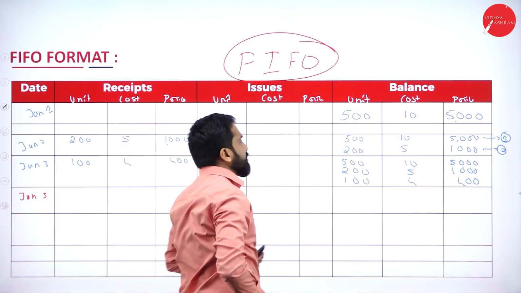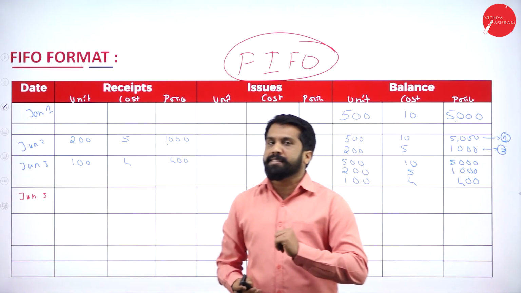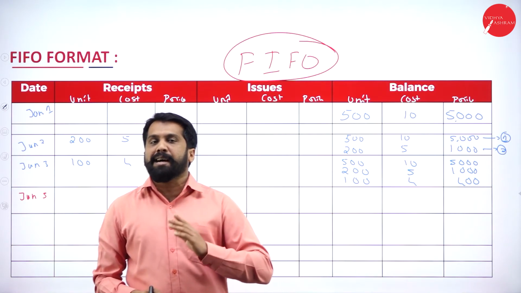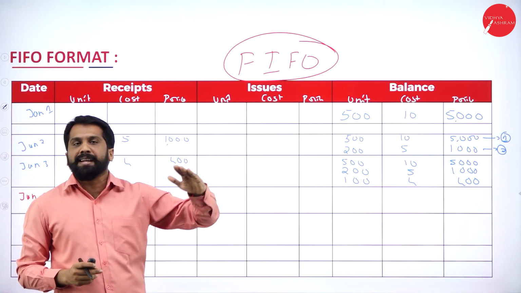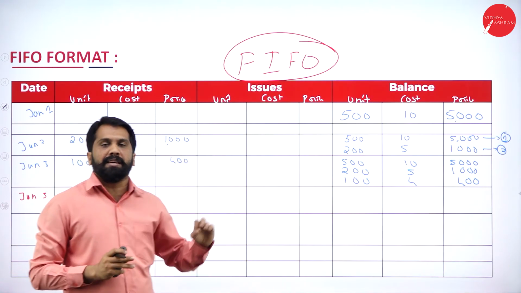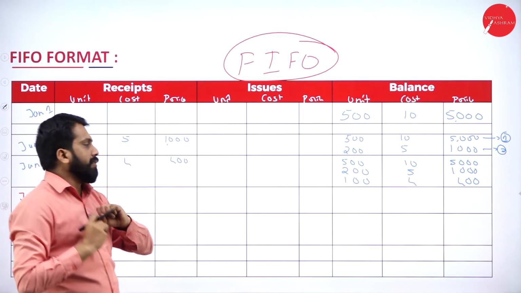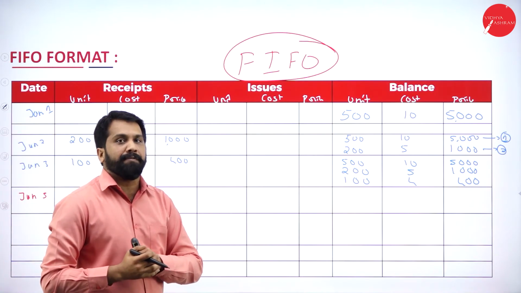What does the FIFO method say? You have to open the first box, then you can go for the second box, then you can go for the third box. Go back to our same example, your milk packet. We go for the first packet, second as well as third. Similarly, the boxes have to be opened one by one. Now, in this, how many units are you issuing? 750.